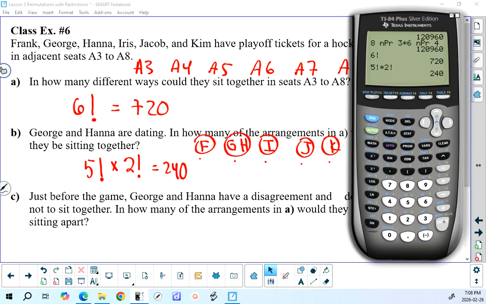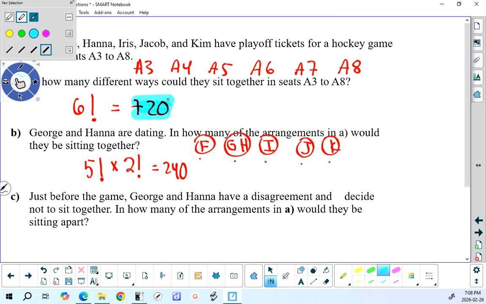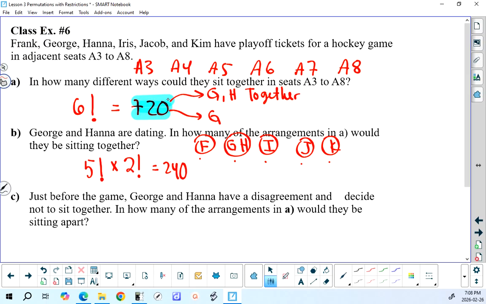So the only way you can find out how many ways they do not sit together is to understand this. Of the 720 different arrangements, some of these George and Hannah are together, and the rest of them, George and Hannah are not together. There's somebody else in between. Think about just randomly putting these 6 people in the seats. George and Hannah will be beside each other, or they will not. That's a fact.